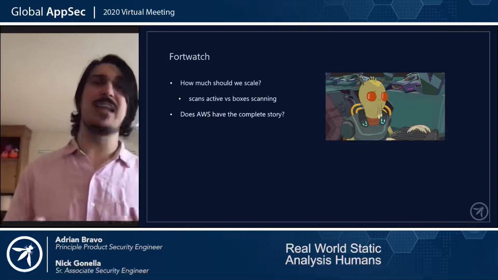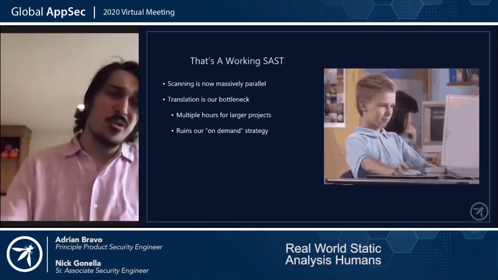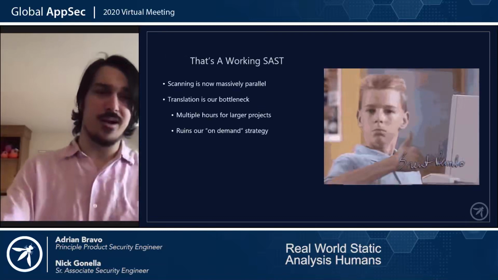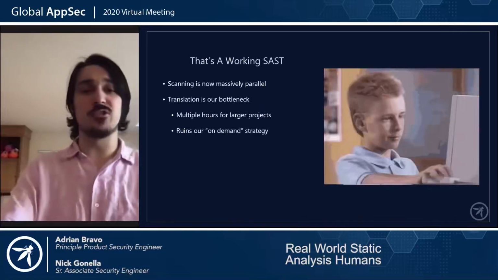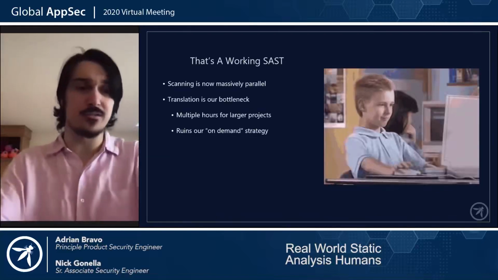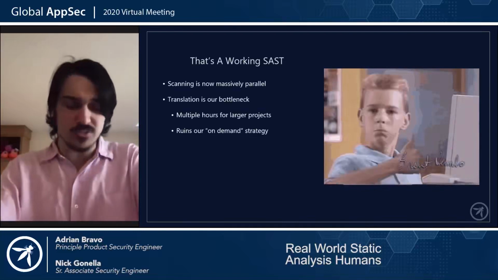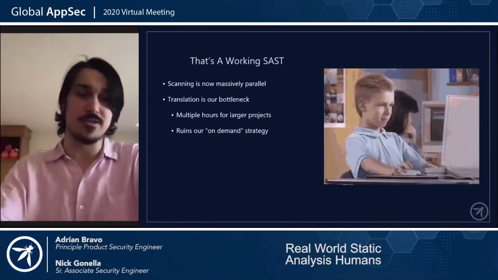And with that ability to scale solved, we have a working SAST platform. This is now scanning in a massively parallel way. We're able to get almost one box per scan, sometimes a couple in serial, but for the most part, we're scanning very well, and we don't have this problem of having to keep those boxes up all the time.